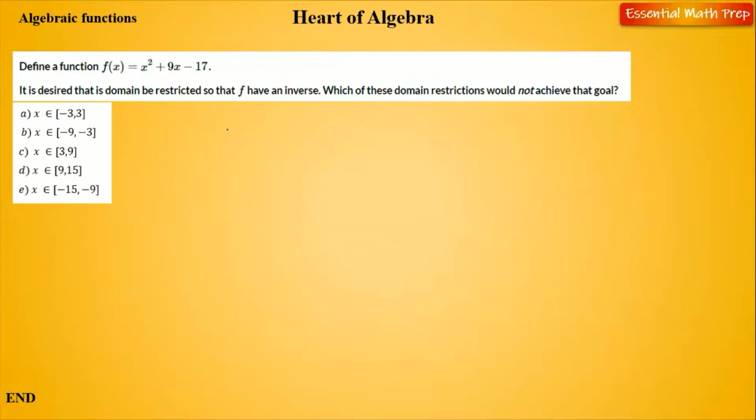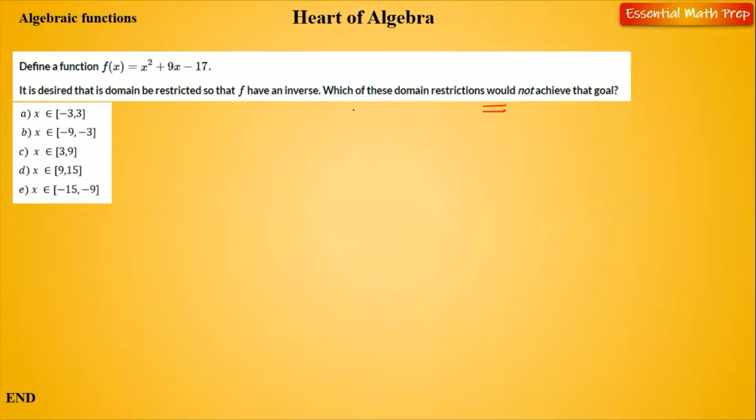And f of x equals x squared plus 9x minus 7, it's asking to be restricted for f to have an inverse. Which of these domain restrictions would not achieve the goal? What they are essentially asking is, if the value of x falls within a specific interval, then within that interval f cannot have an f inverse.